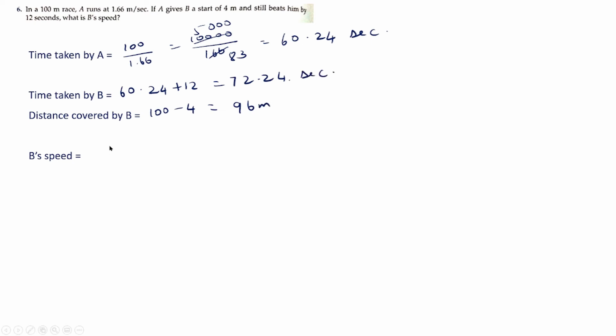So speed of B will be distance by time, which is 96 upon 72.24. When we simplify, we get it as 1.328, or approximately 1.33 meters per second. So B's speed is 1.33 meters per second.